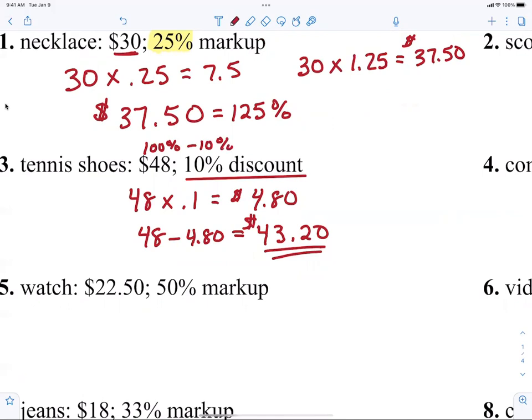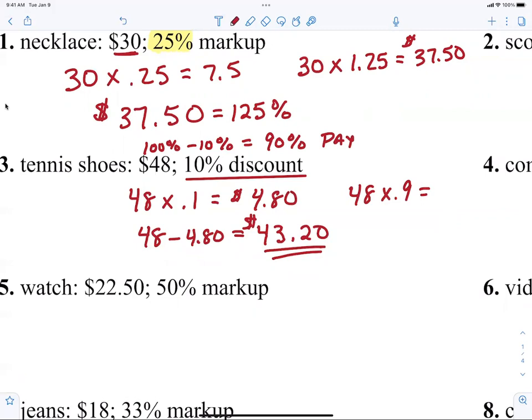Subtracting 10%. So what's 100% minus 10%? 90%. So that means you only have to pay 90%. So I want everybody to take 48 and multiply it by 0.9 and tell me what you get. Yes, $43.20. Everybody see that?